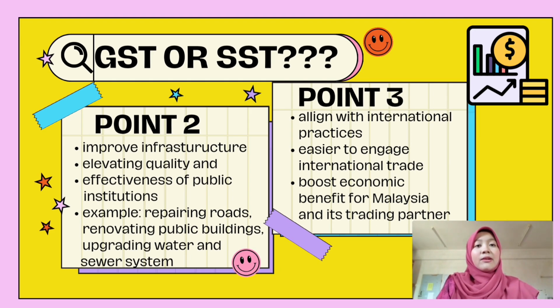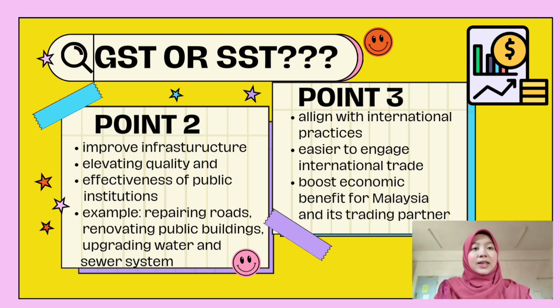Next, tax payments directly translate into financial resources that the government allocates to improve infrastructure, expand services, enhance personal capabilities, foster innovation, and strengthen regulatory frameworks. These direct investments play a crucial role in elevating the quality and effectiveness of public institutions, thereby benefiting society as a whole. In GST, all processes will be subjected to tax, so the government can easily gain revenue to improve our institutional quality.